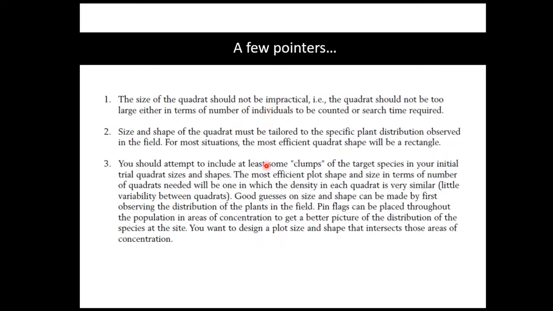Secondly, the size and shape must be suitable for your study. Thirdly, you should attempt to include at least some clumps of the target species in your initial trial quadrat sizes and shapes. In other words, you need to have a good guess on the size and shape of the quadrat.